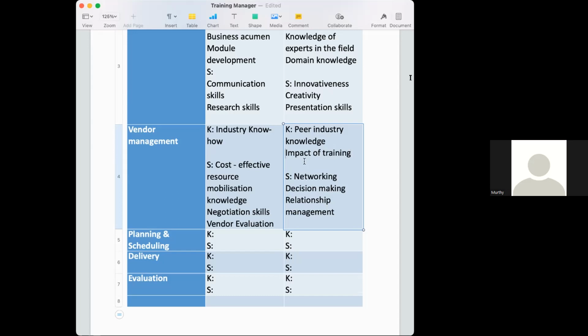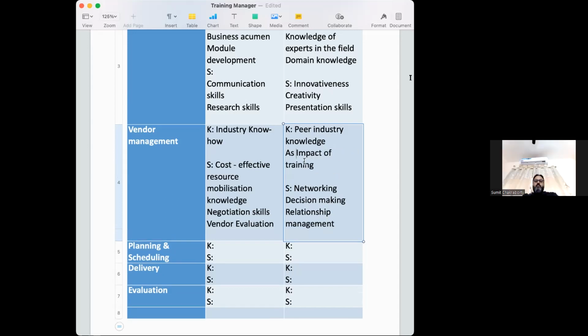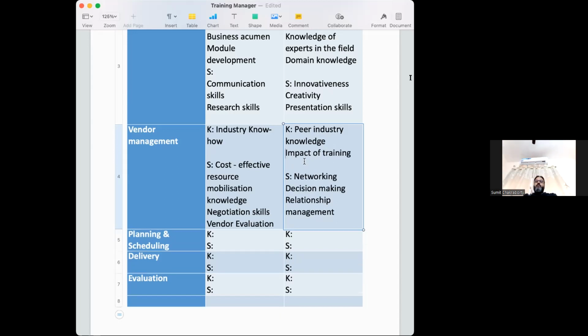Aspect and impact. Aspect impact of training. That gentleman before finalizing the vendor, what impact this vendor will give on our team, no? Exactly. That impact assessment has to be done by the threshold guy. Aspect and impact.